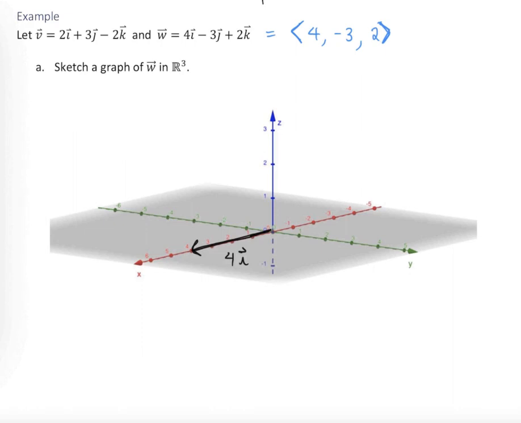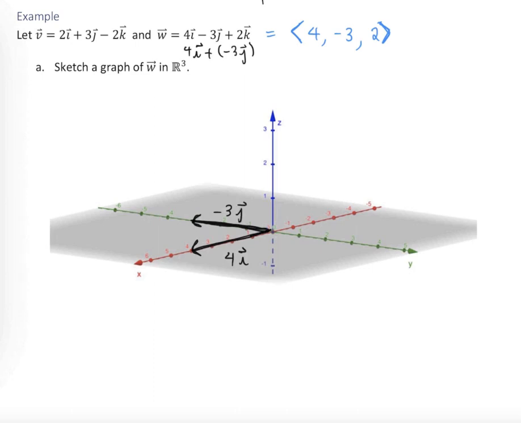Now we'll look at taking this 4i and adding, actually I need a hat there, adding negative 3j to it. j itself would be coming off in the positive y direction. However, negative 3j is going to flip that around to go in the opposite direction of the j vector, and also stretch it out by a factor of 3. So our negative 3j vector has a magnitude of 3.